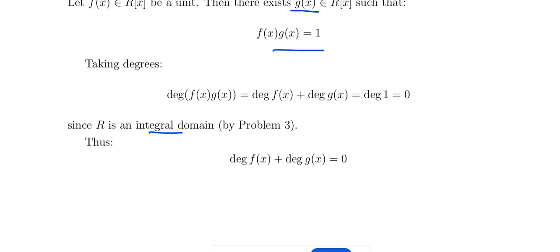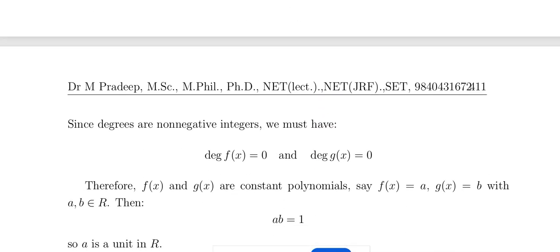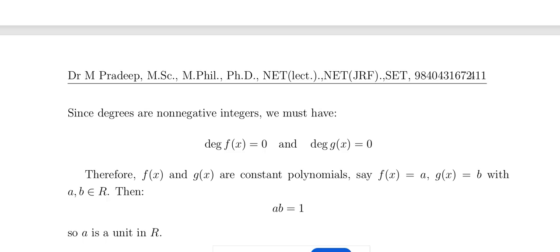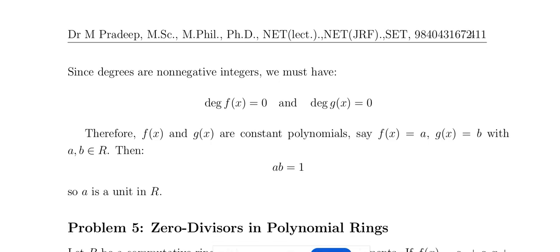So the degree of f(x) plus the degree of g(x) equals 0. Since these are non-negative integers, the degree of f(x) and the degree of g(x) both equal 0, and f(x), g(x) both should be constant polynomials, that is f(x) equal to a, g(x) equal to b.